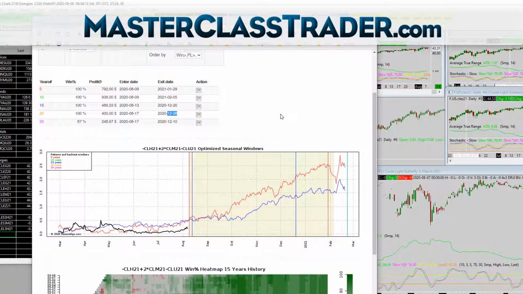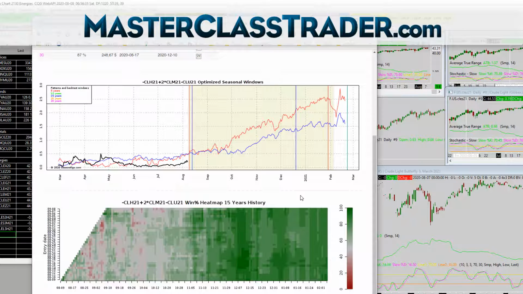So let's go over it again quick. 5, 10, 15 and 20 years, 100% win ratio. Over 30 years, it drops to a lowly 87%, and your average profit drops as well. But I don't look back that far because markets change.